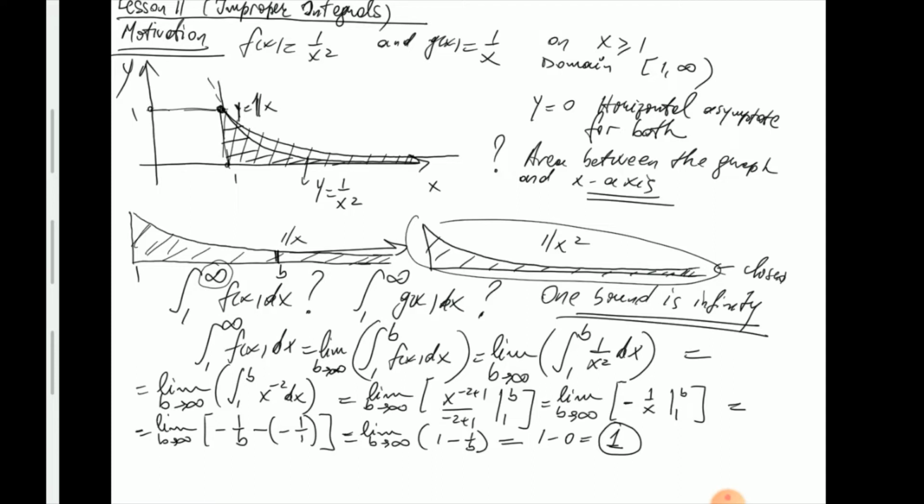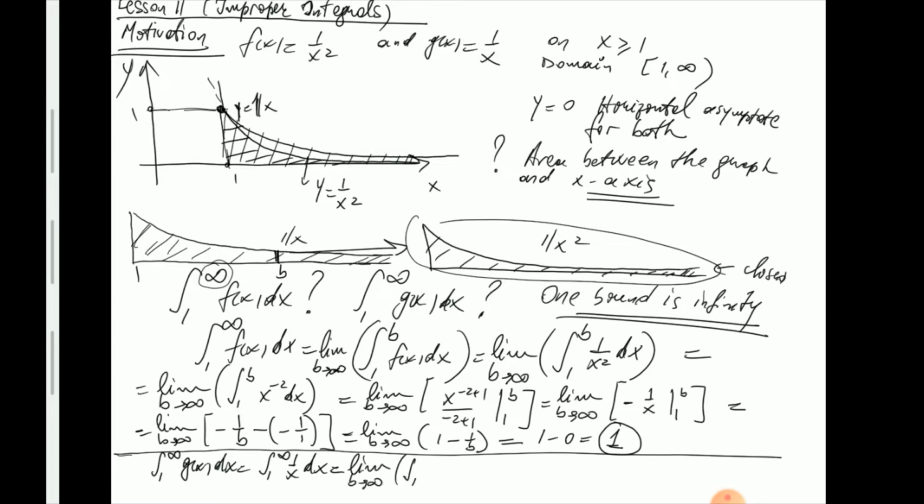So what if we do the same thing? Let's see if I can fit it in here. For the other function, that's going to be more immediate, right? So the integral from 1 to infinity of g of x dx, that's the integral from 1 to infinity of 1 over x dx. Again, replace the infinite domain with b.